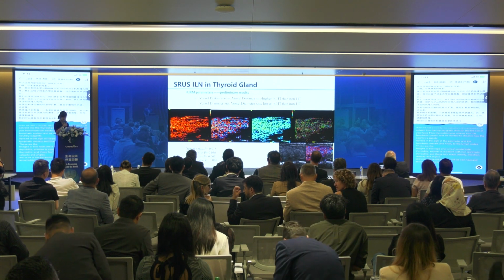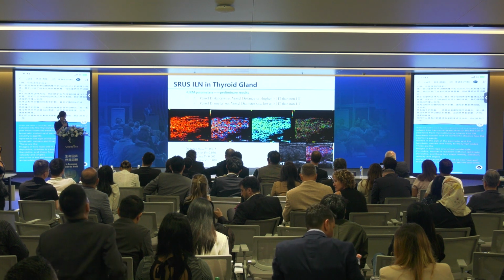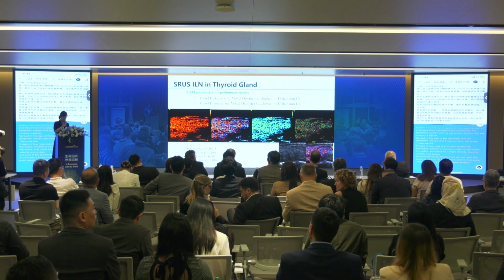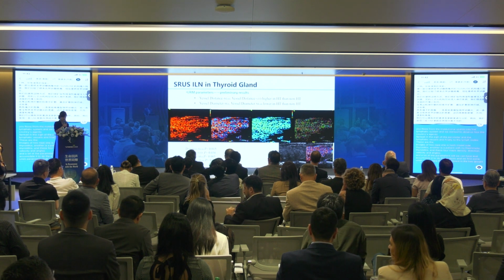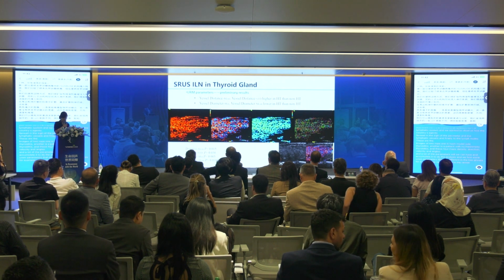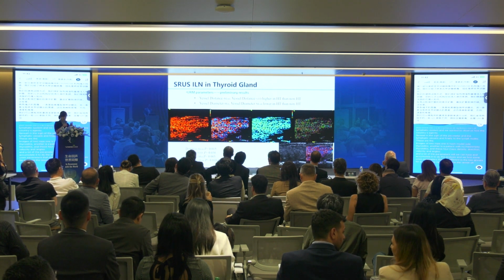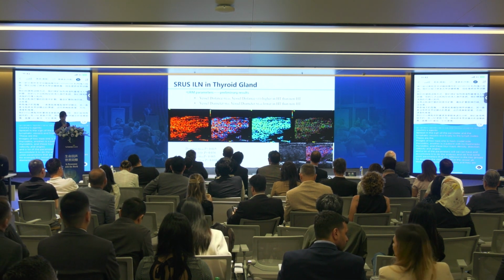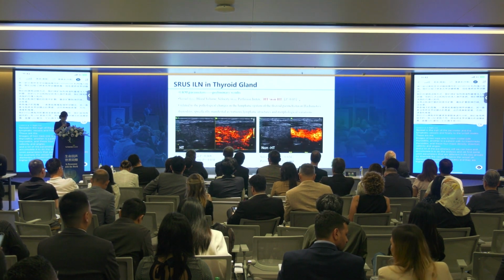And we found some URM parameters that are different in the two groups. For example, the vessel distance and the vessel diameters in Hashimoto thyroiditis are higher than in the non-HT groups.